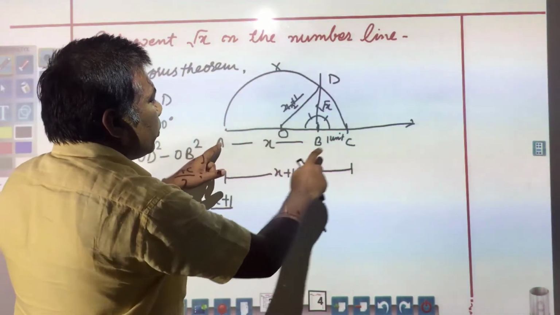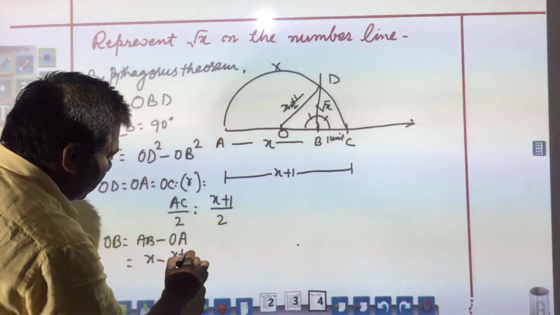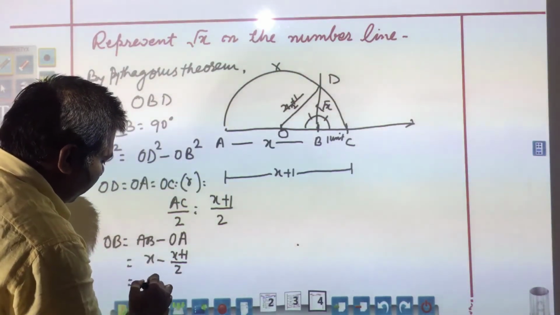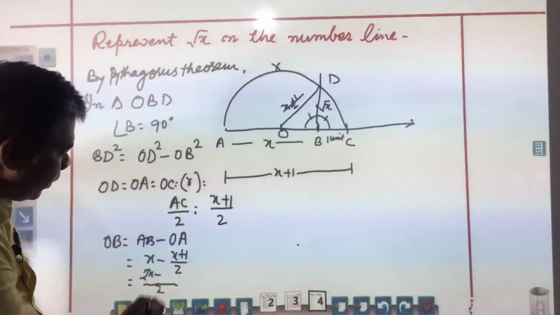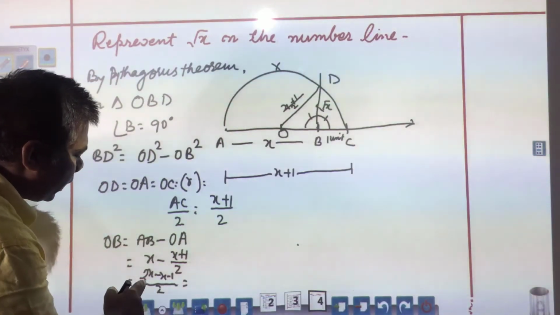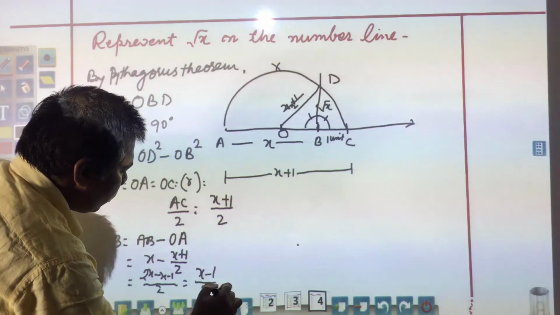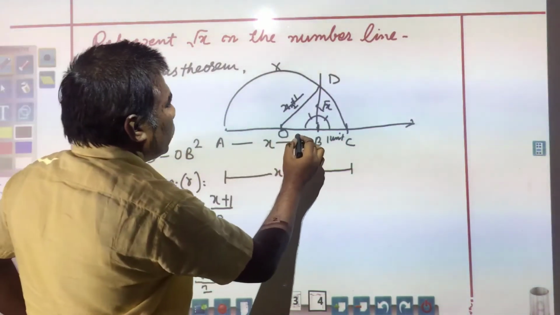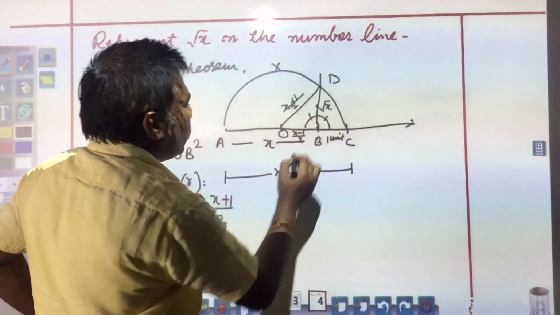Again OA is equal to what? x plus 1 by 2. You simplify this, what you will get? 2x minus x minus 1, it means 2x minus x is equal to x minus 1 by 2. So, this distance you got, x minus 1 by 2.